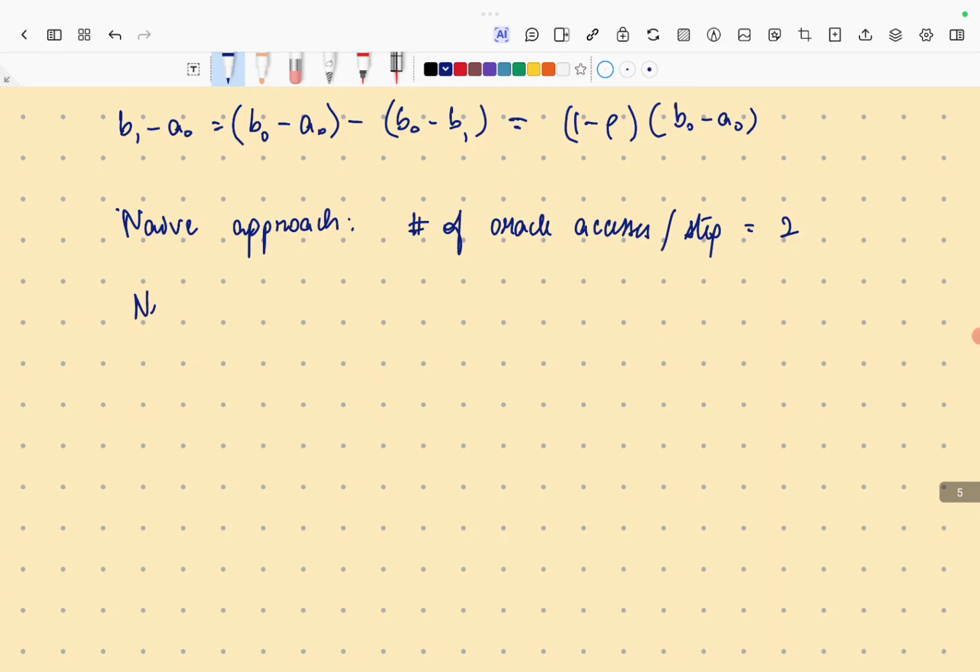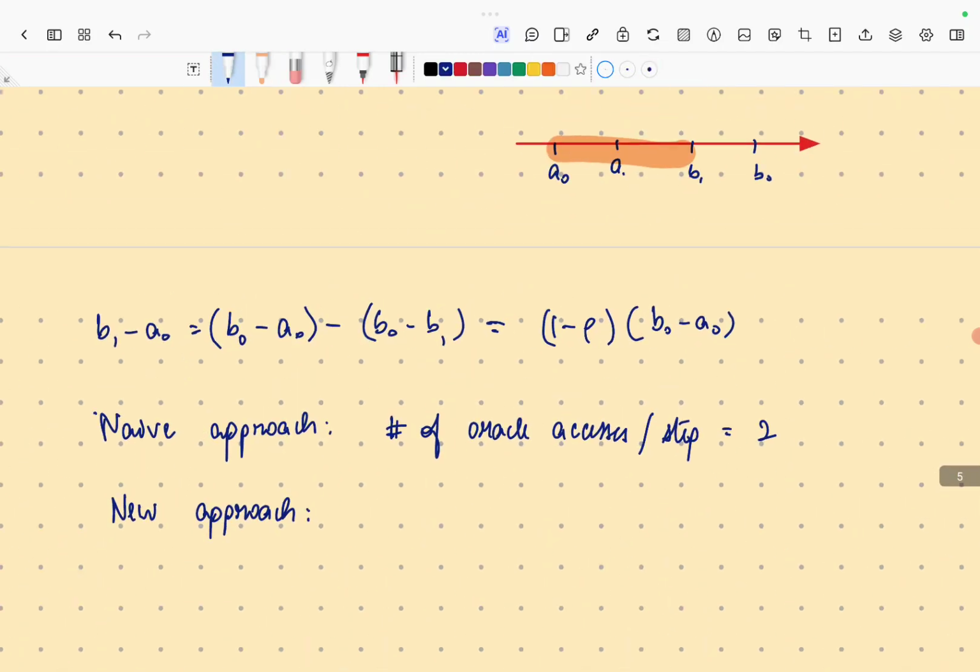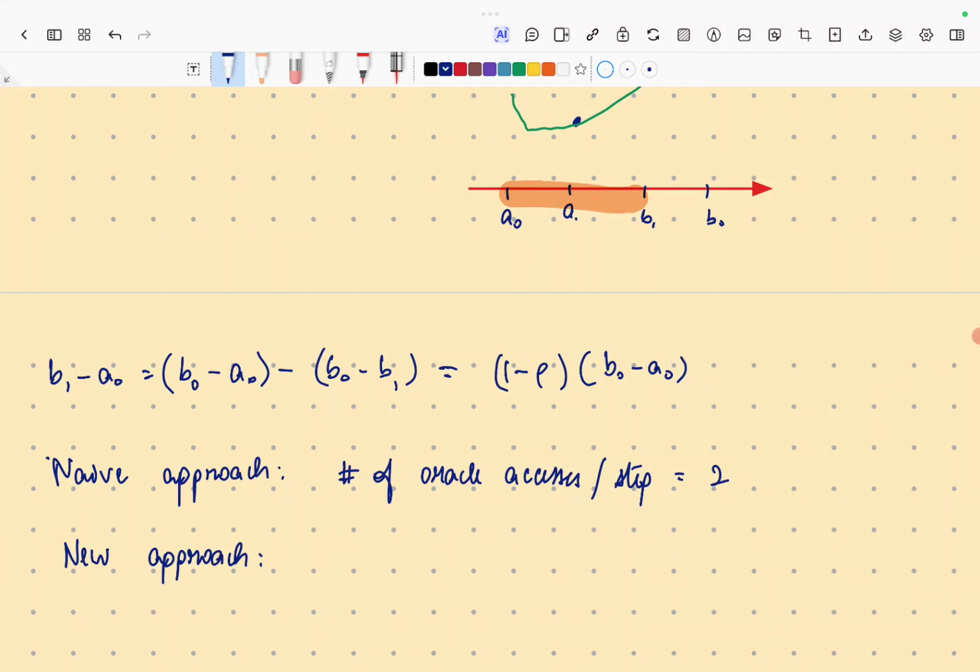So where I get 1 oracle access per step, I'll choose B2 to be equal to A1. Suppose that in the first time step, I eliminated the interval from B1 to B0.